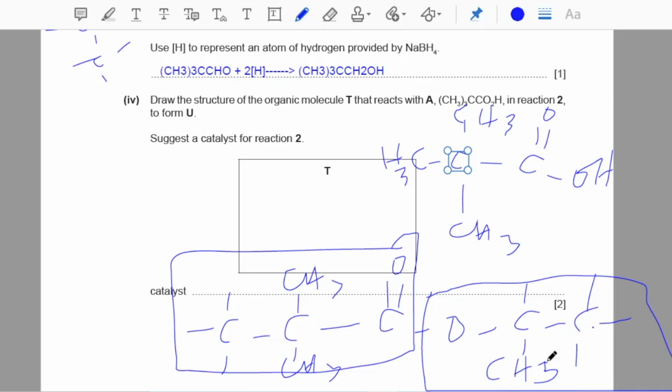So T will have a structure of, so T has a structure which somewhat looks like this.